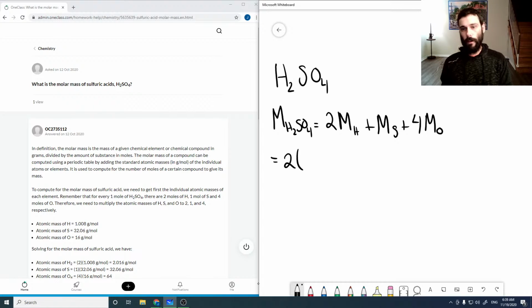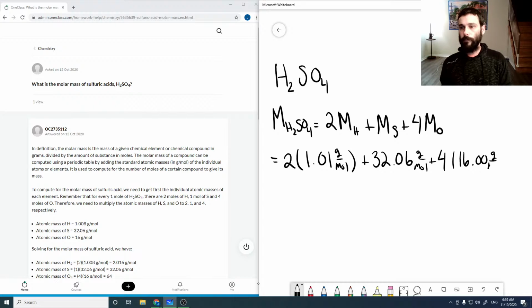So that's 2 times 1.01 grams per mole plus 32.06 grams per mole plus 4 times 16 grams per mole.